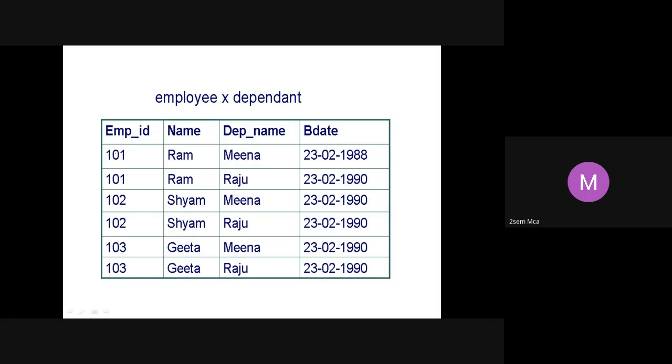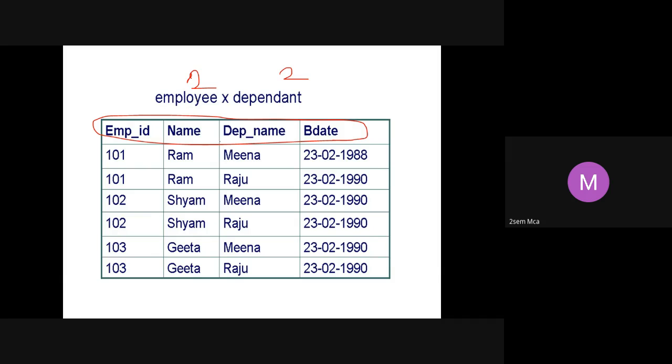Let me show you. This will be your result of the cross product between employee and dependent. You had 2 attributes in employee, 2 attributes in dependent, so you have here a total of 4 attributes. All the attributes of both the tables will come into this.